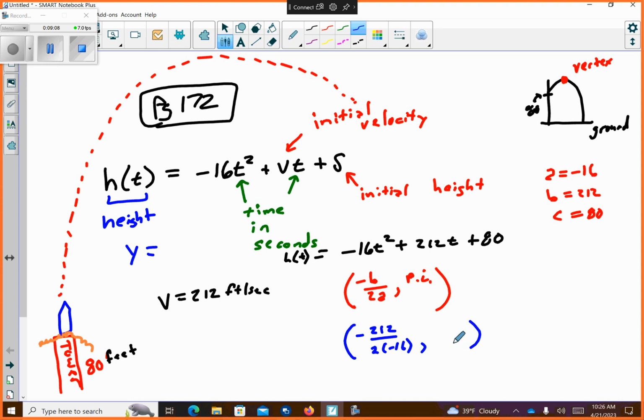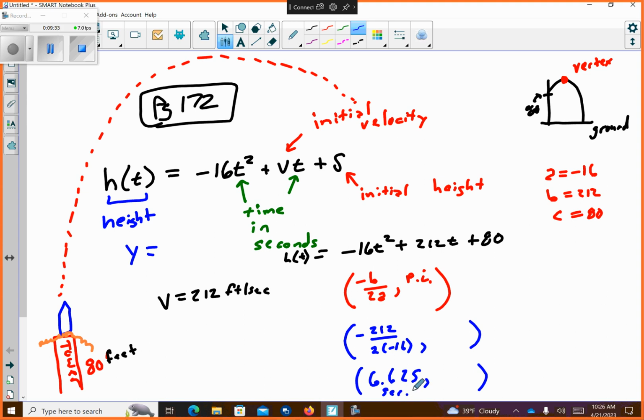Now, this is where you're going to jump on using a calculator. So you're going to go just doing the math. This actually comes out to 6.625. Okay? So let's reference what that 6.625 means. This is seconds.